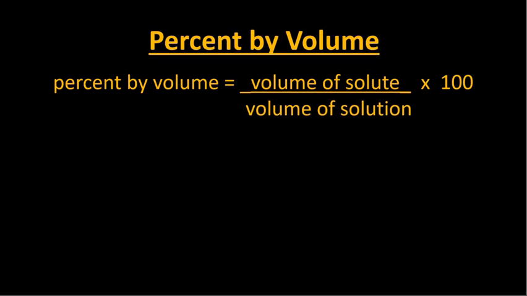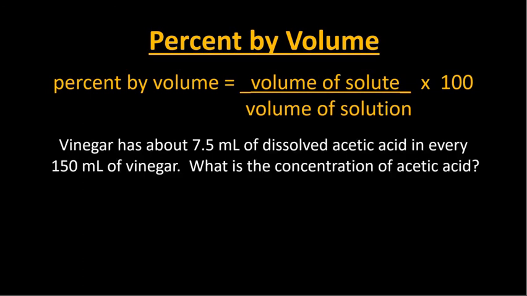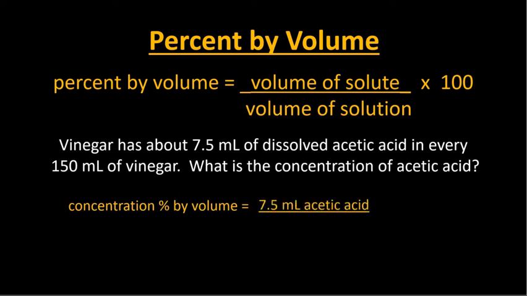Okay, sample problem of this would be vinegar has about 7.5 milliliters of dissolved acetic acid. That's what kind of gives that vinegar a sting in every 150 milliliters of vinegar. So, what is the concentration of acetic acid in the vinegar? So, concentration percent by volume. You have the volume of the solute, which is 7.5 milliliters of the acetic acid, and you have 150 milliliters of vinegar.